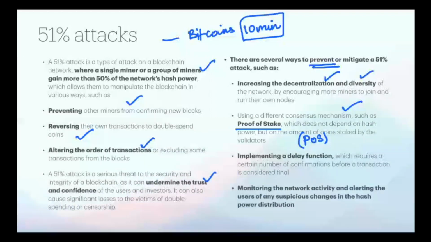Then implementing a delay function. A delay function means all transactions take some time before the transaction is considered final or committed. Generally even in our bank transactions nowadays, if you transact, let's say 50,000 rupees, through your credit card or a bank account, within the next 2-3 minutes you will get an automated voice call saying that there is a transaction of 50,000 on your card.